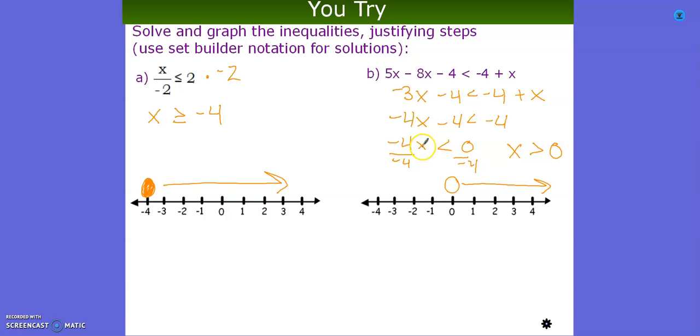I got negative 4x less than 0. Careful with your integers. And then I'm dividing by negative 4. So when you divide by negative 4, again, you have to switch that symbol. x is greater than 0. Place an open circle at 0 and head on over to the right to show all of your solutions.